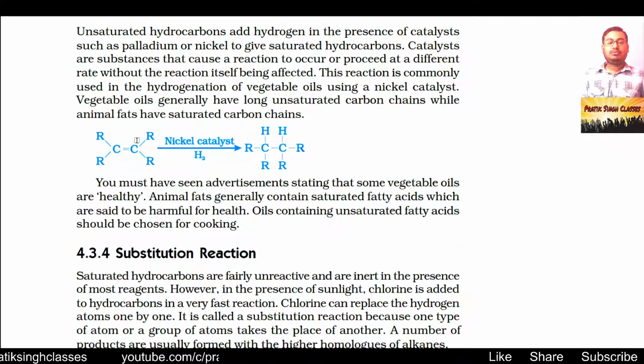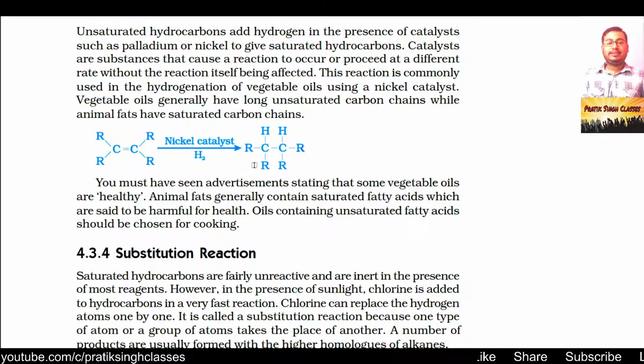Here you can see a carbon-carbon double bond. R here means alkyl group, and a carbon-carbon double bond means this compound is an unsaturated compound. In the presence of nickel, when it reacts with hydrogen, at the place of every one bond, a hydrogen atom will be added.